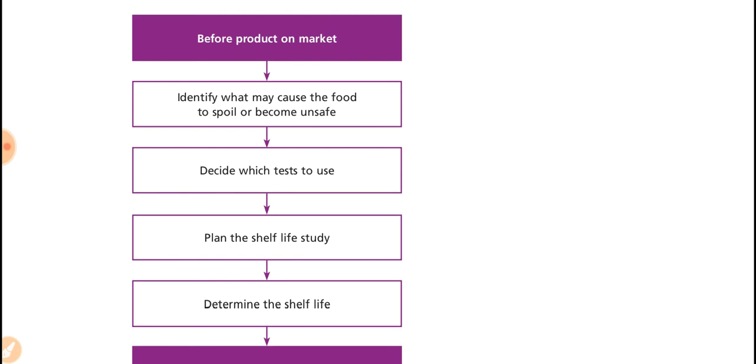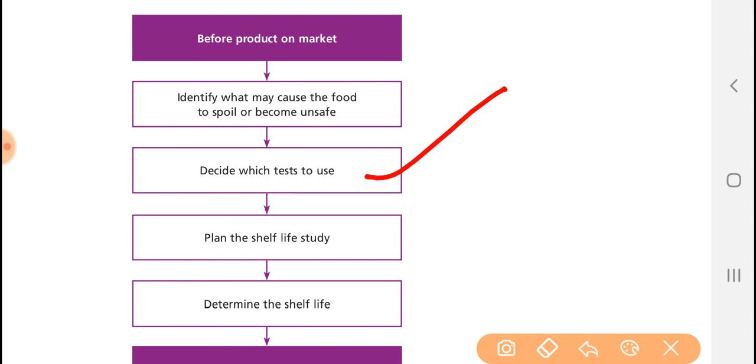Then decide which test is to be done, whether you are going to do sensory evaluations or check for different unwanted particles like peroxides, free fatty acids, or all those non desirable particles present in the food materials, that you can test.